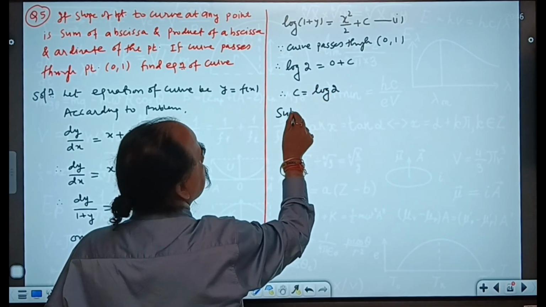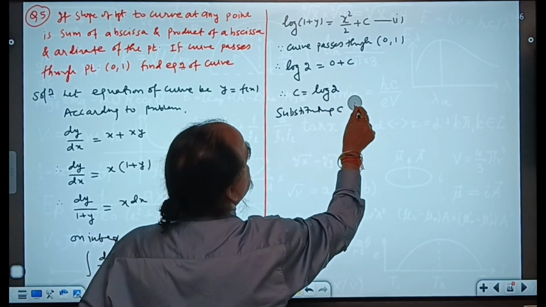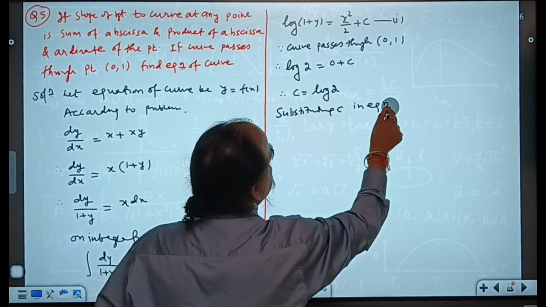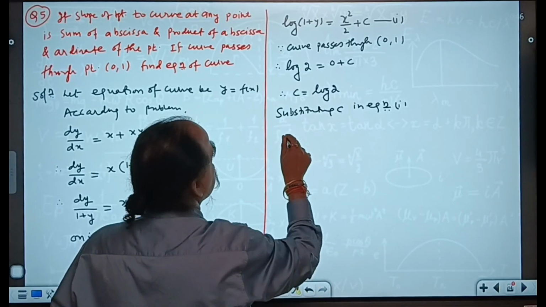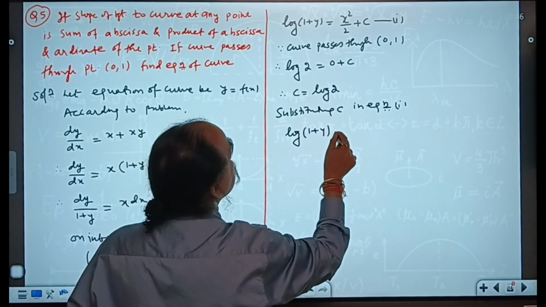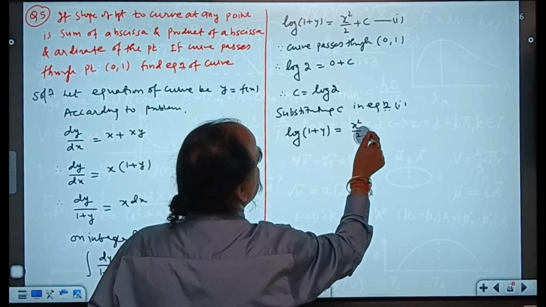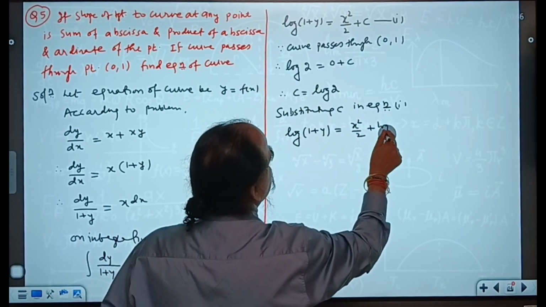Substituting c in equation 1, log 1 plus y is equal to x square by 2 plus log 2.